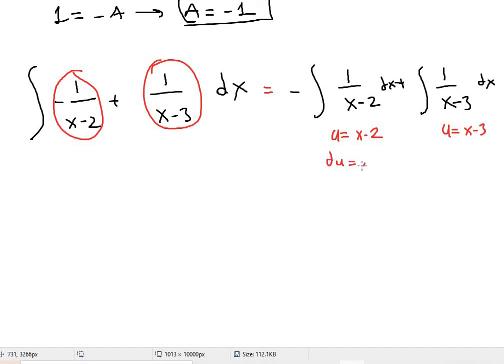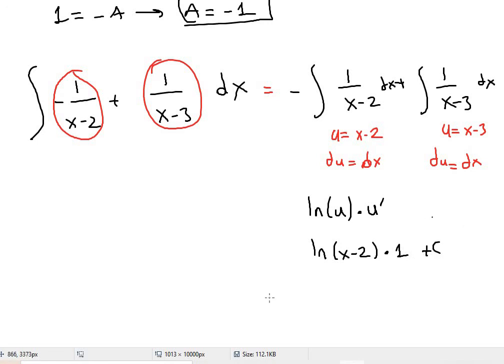Then du will be dx, the derivative of x minus 2 with respect to x, and the derivative of x minus 3 with respect to x. You can go either u substitution, or you can practically think that the antiderivative of 1 over x is ln. So this is like ln of u times derivative of u, which is like ln of x minus 2 times 1, because the derivative of x is 1.